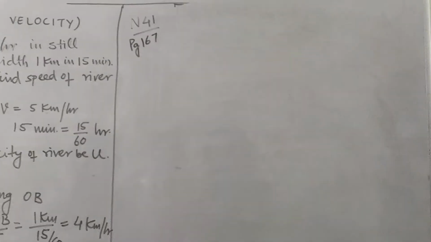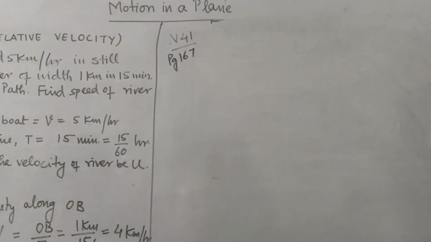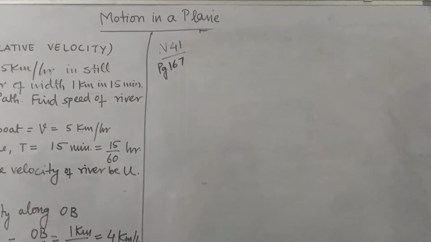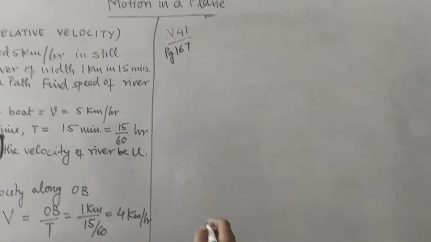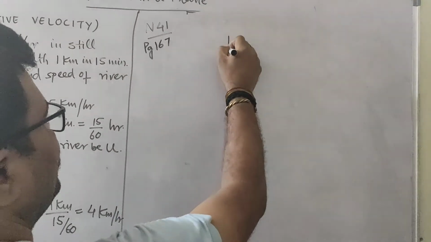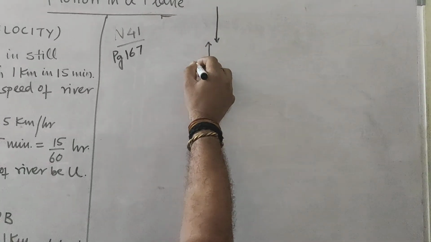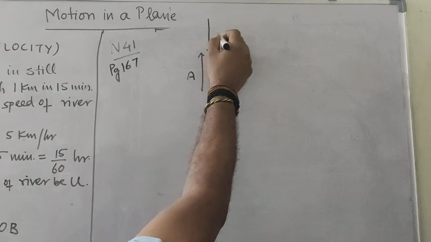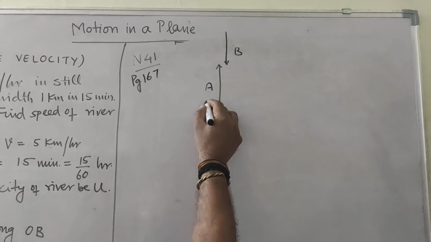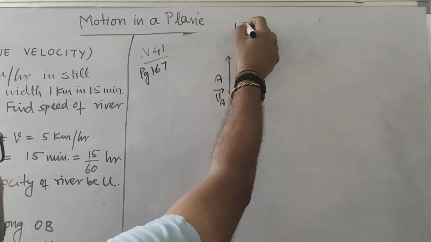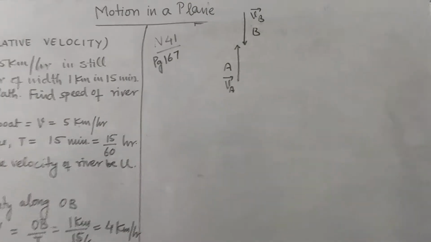It says that two trains are approaching each other on the same track with constant speed. Approaching each other means one train is moving in this direction and the other train is moving in this direction. This is train A and this is train B. It has velocity A at some instant and it has velocity B at some instant. Both are moving in opposite directions.